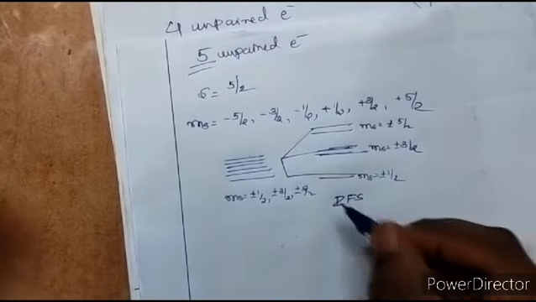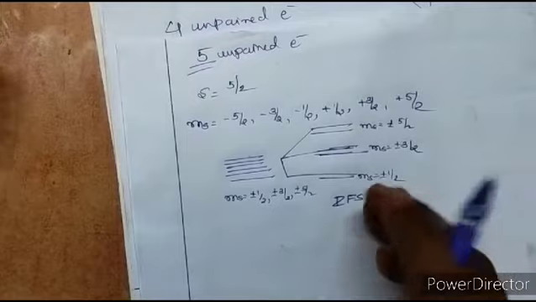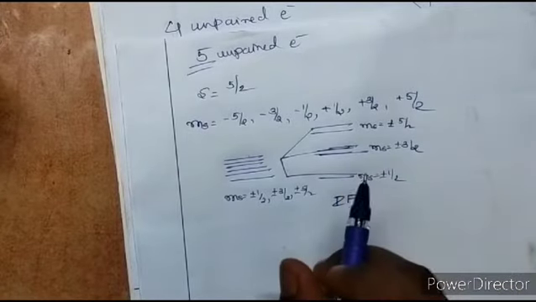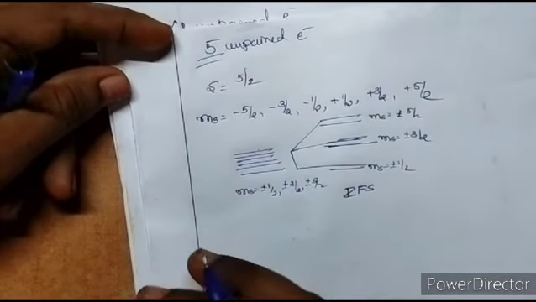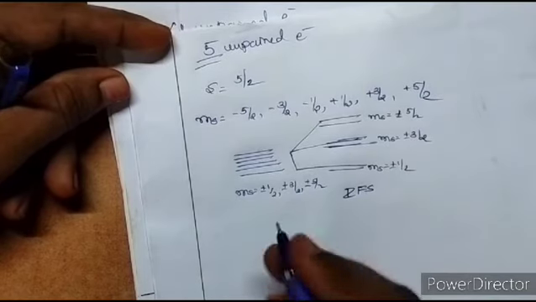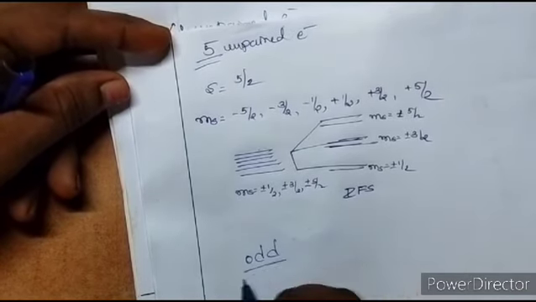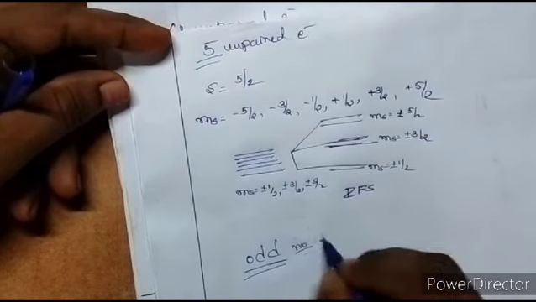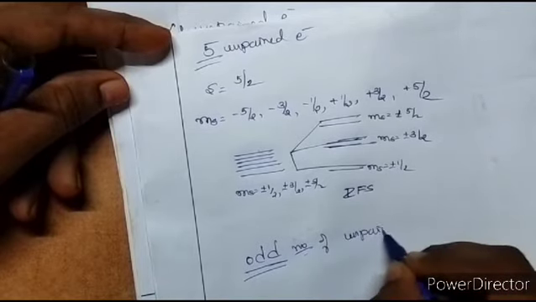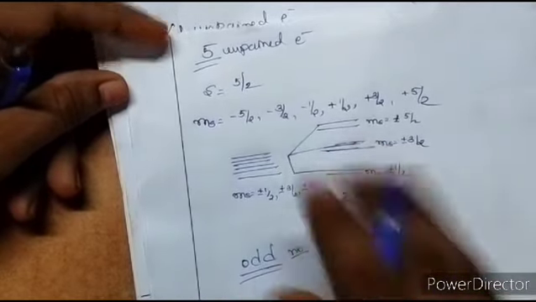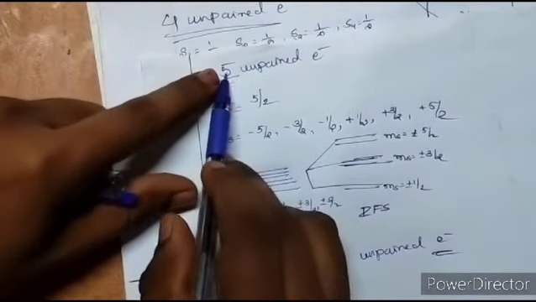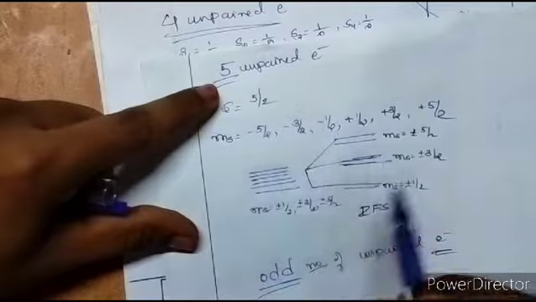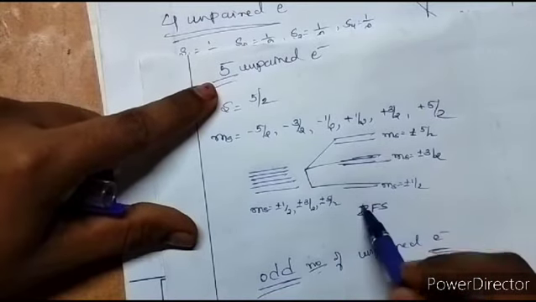Now, if you observe the energy level diagrams that we have written for the different systems having different numbers of unpaired electrons, what do you observe? If the system has an odd number of unpaired electrons, like 5 unpaired electrons, you observe the energy level diagram like this.